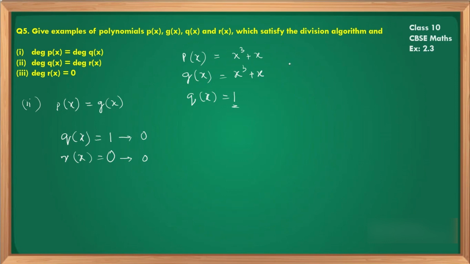I would like to remind you that any number, say 25 to the power 0, is not equal to 25, it is 1. 100 to the power 0 is 1. But now we are talking about not the power, we are talking about, say, 1 to the power 0. Here it is not the power, we are referring to it as degree.